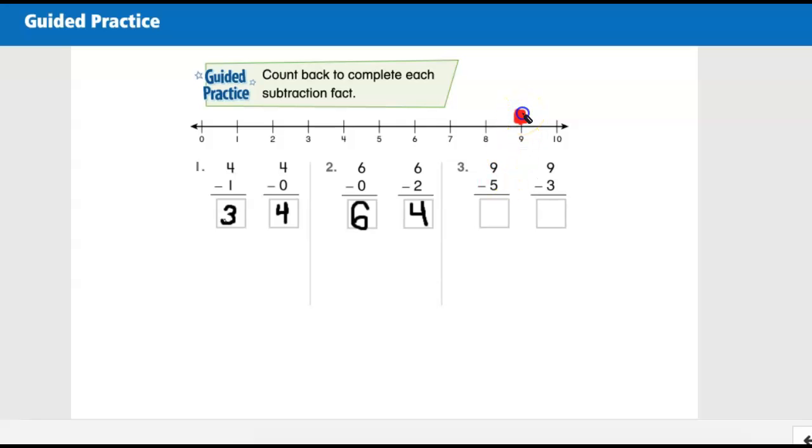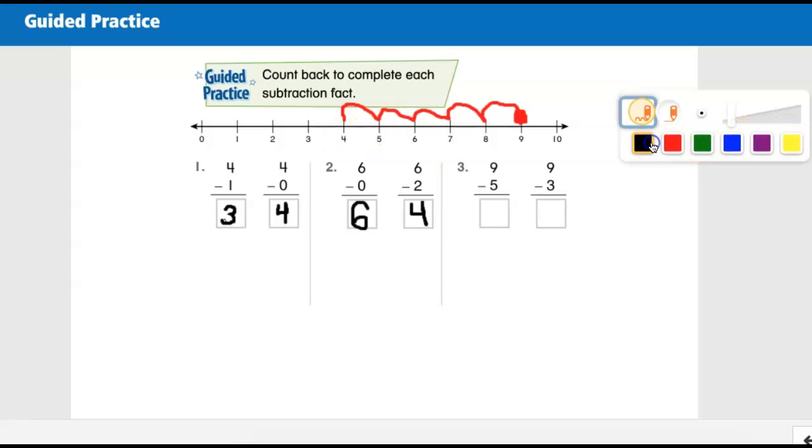Let's do it together. So if I start at 9, I'm jumping back 1, 2, 3, 4, 5. So jumping back from 9, and I jumped back 5 times, I landed on the number 4.